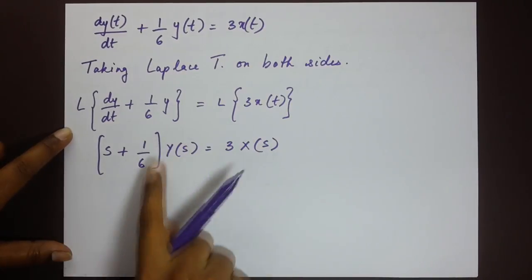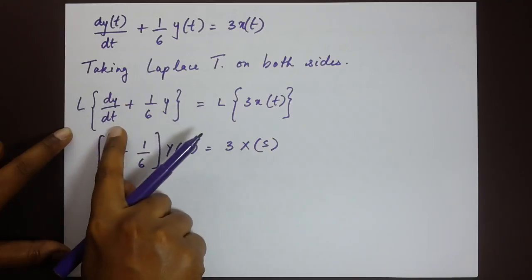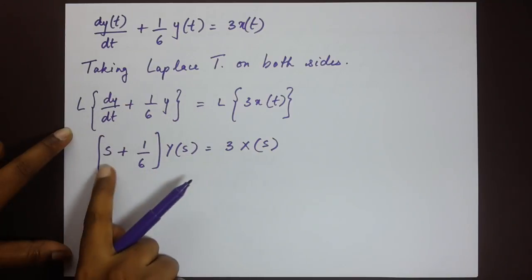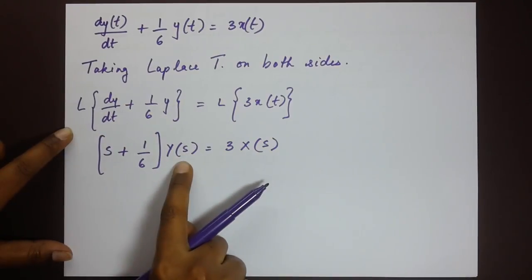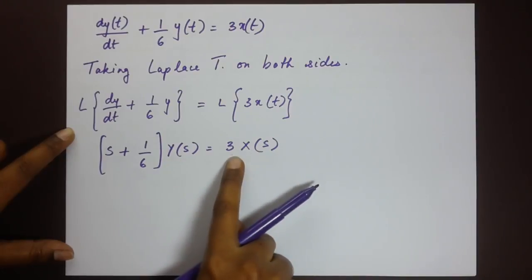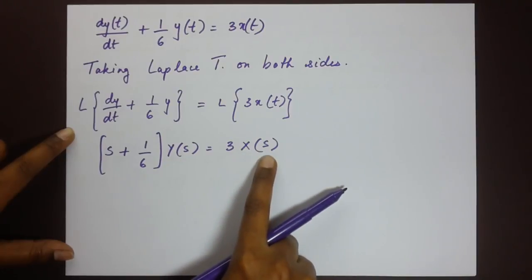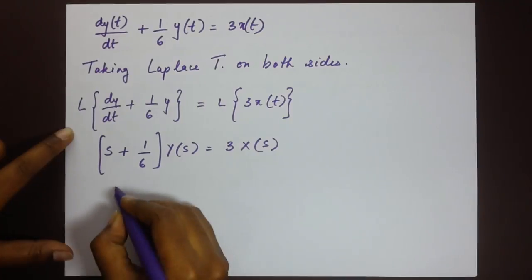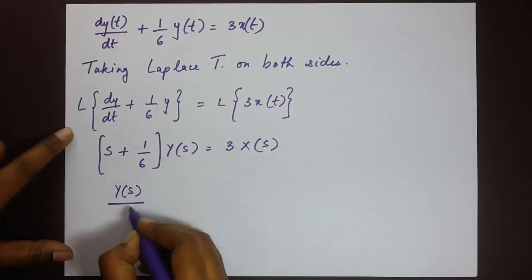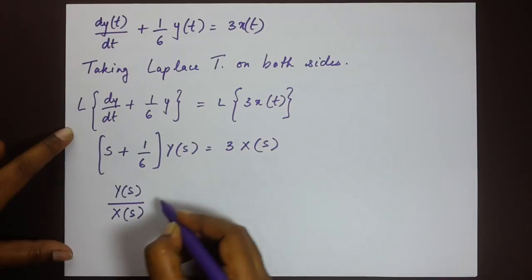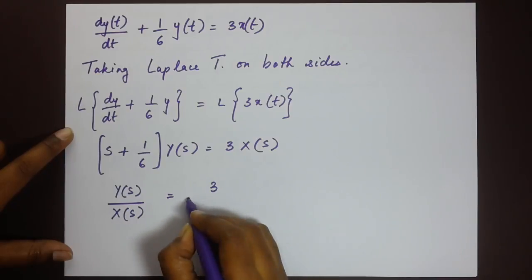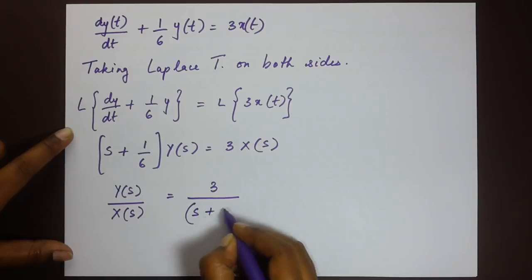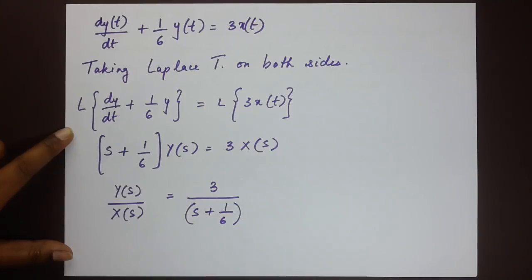So the Laplace transform of dy/dt + (1/6)y is (s + 1/6) Y(s) = 3X(s). Now let's take the ratio of Y(s) to X(s). Y(s)/X(s) can be written as 3 divided by (s + 1/6). Okay, so we have the ratio here.